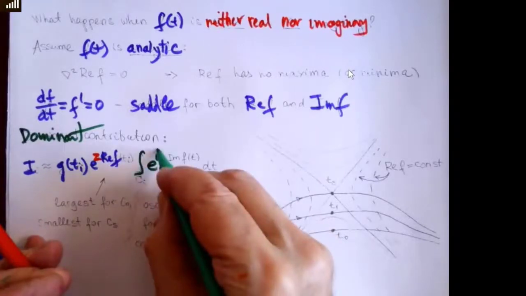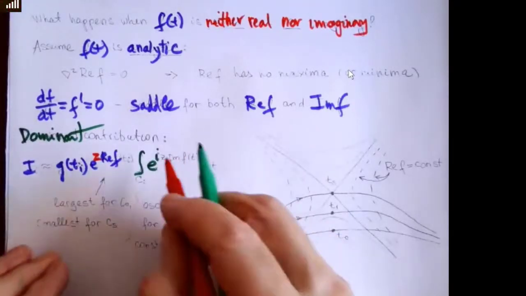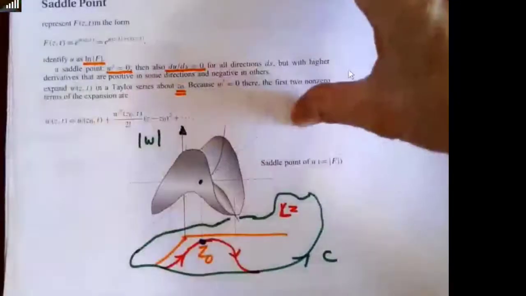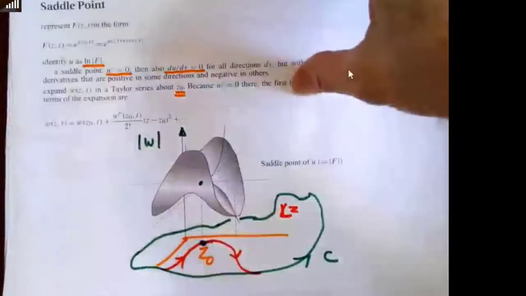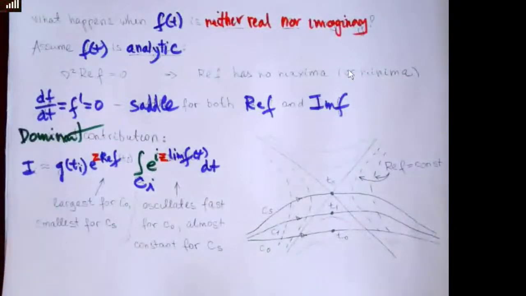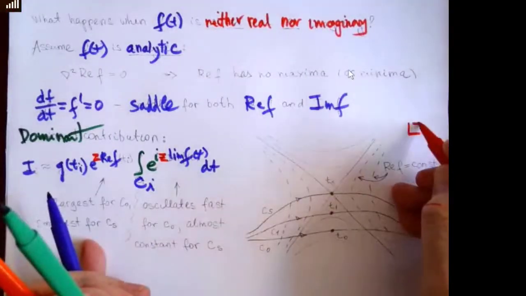That controls the wiggles. In the same picture we were looking at before, here we were looking sideways, but now we look from the top down. So this is looking into the complex plane.